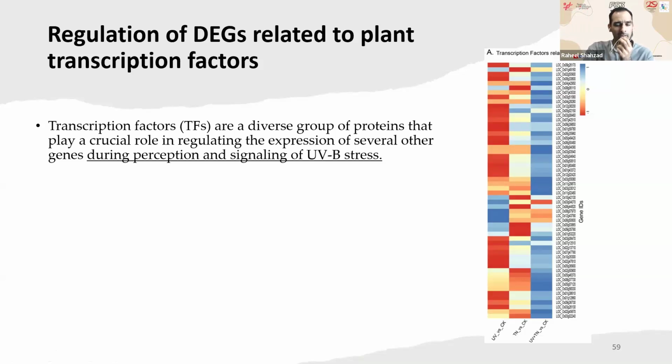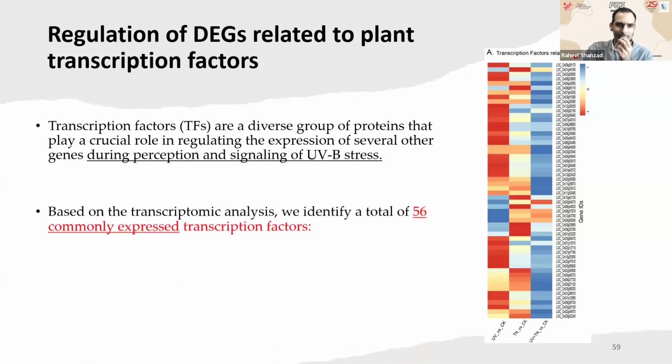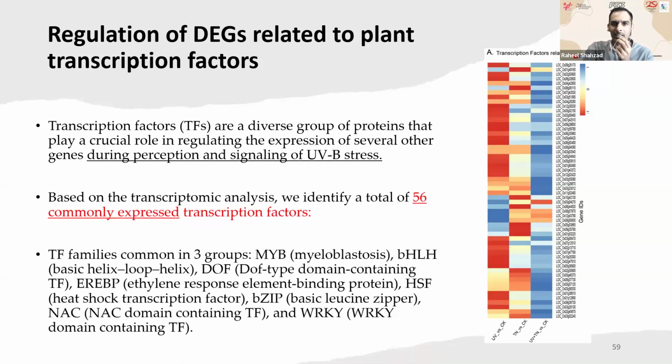So these could be very interesting candidate genes for our further studies. A total of 56 commonly expressed transcription factors were found among three groups, and this is the heat map showing different patterns, although they are expressed in all the three groups, but differently.